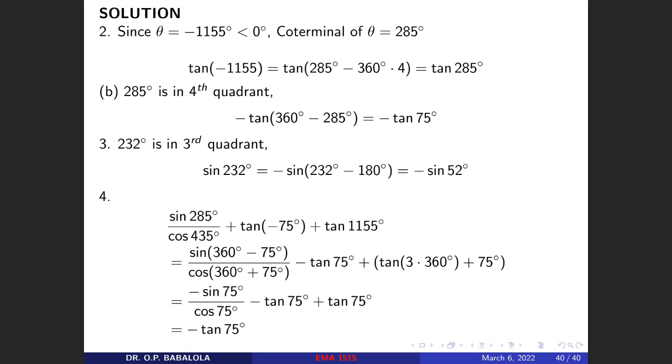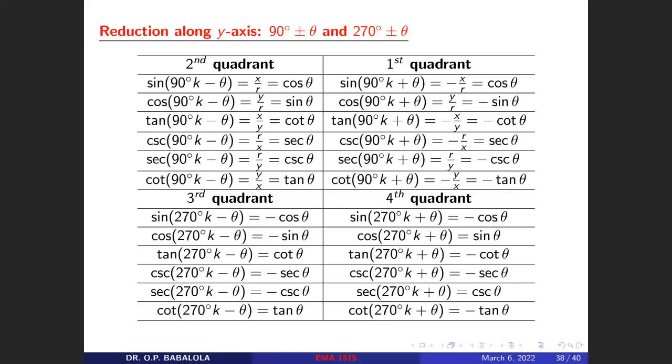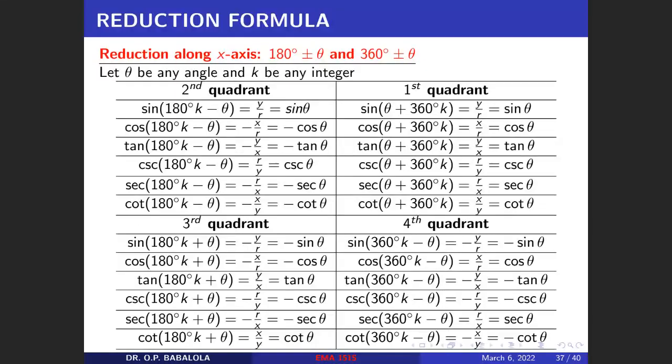Now, we are going to be using the coterminal, which is 285 degrees. Now which quadrant does it fall to? Let's go back to our table. Remember, we are doing along x-axis. 285 degrees falls under which quadrant? Thank you.